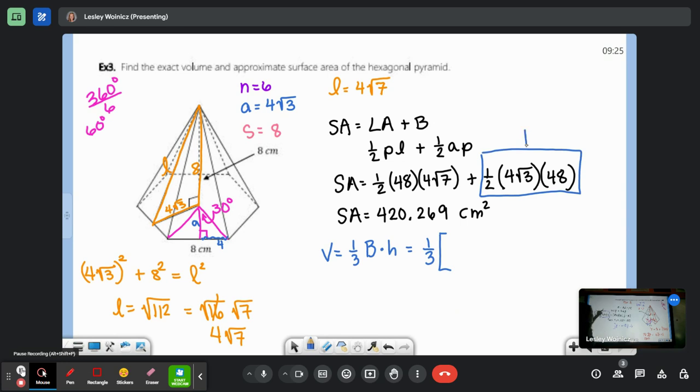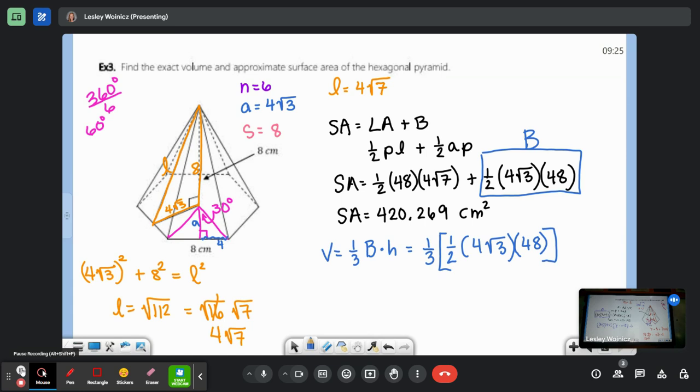Okay, that's big B. Now this one does say exact. So don't multiply with the root 3, we're gonna leave that at the end. Well, 6 goes evenly into 48, so it should be fine.